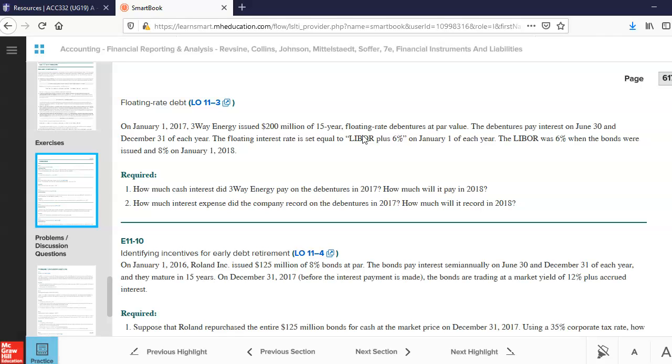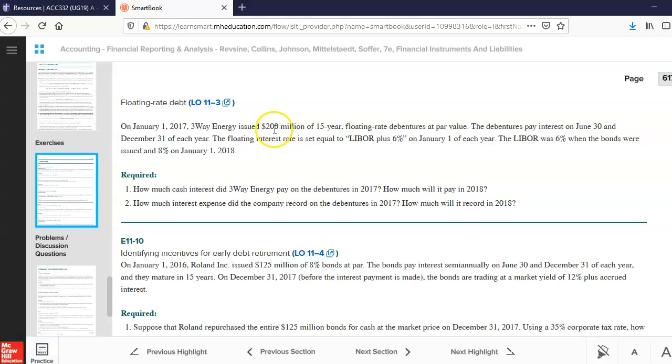The floating rate for 17 was set on January 1 of that year, which is 12% because it's LIBOR plus 6. The LIBOR on January 1 of 17 was 6, so 6 plus 6 is 12. And so 12% times the principal amount of the bond equals the interest in 17.